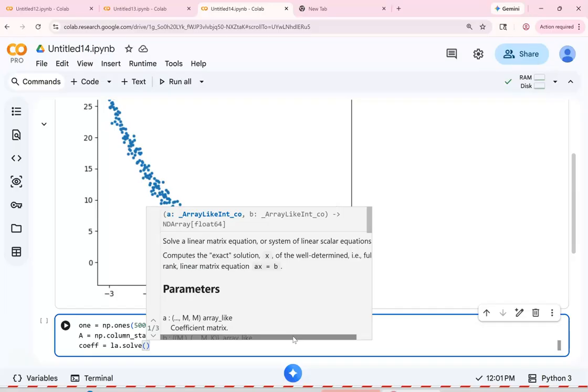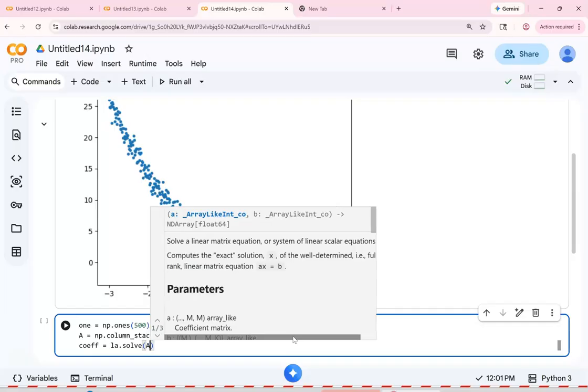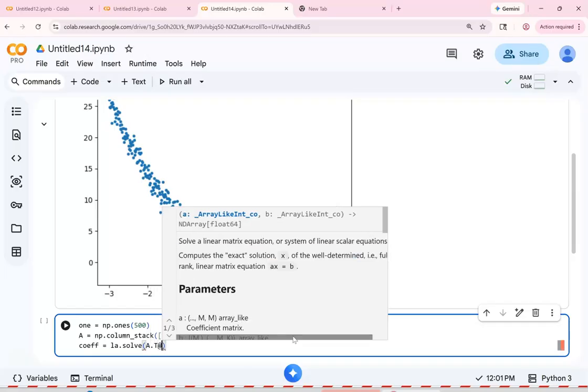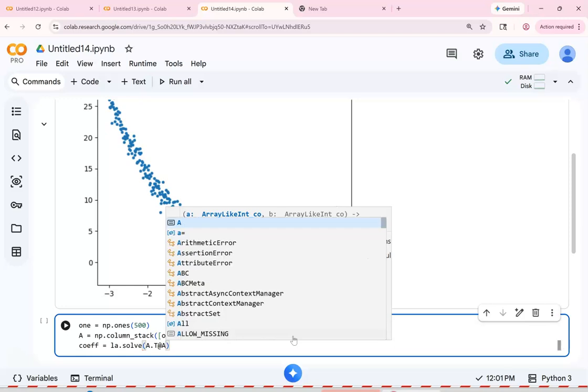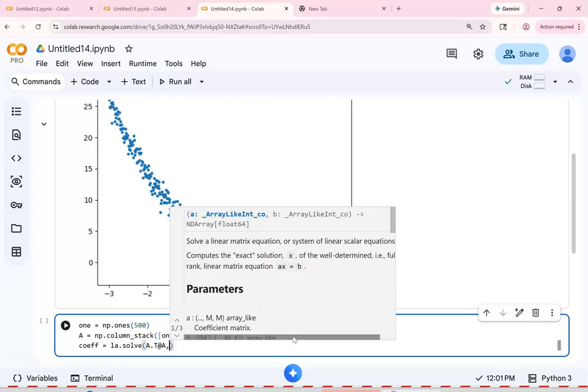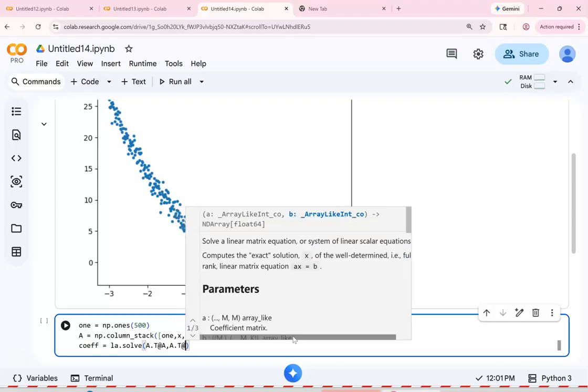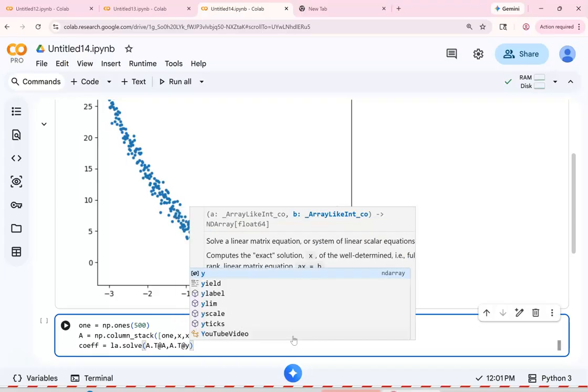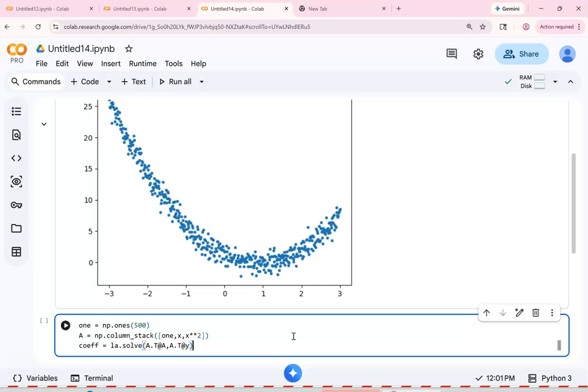So if we use the solve command rather than doing the inverse, we could type in A transpose times A. That's the coefficient matrix. Remember, we do dot capital T to get the transpose. We use the at symbol to denote matrix multiplication, right? Then comma, and then we'll do A dot transpose times the y's, because we're using y's here. I did x's and y's rather than calling it b, right? That gives us our coefficients.